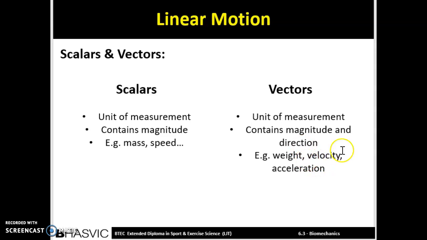And velocity, for example, is how fast a body is travelling from a set point, so in a certain direction. And weight takes into account gravity, which obviously has a direction as well. So weight would then be a vector, as it takes into account both the magnitude and direction.